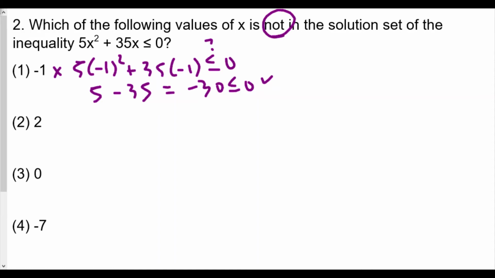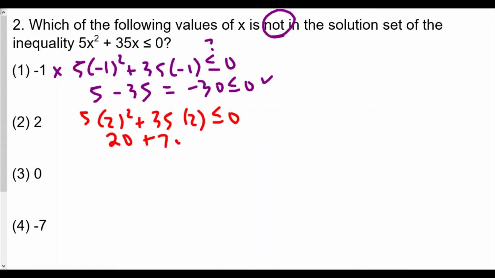All right, let's plug in 2. 5 times 2 squared plus 35 times 2, less than or equal to 0. What we get in this situation: 2 squared is 4 times 5 is 20, plus 35 times 2 is 70.